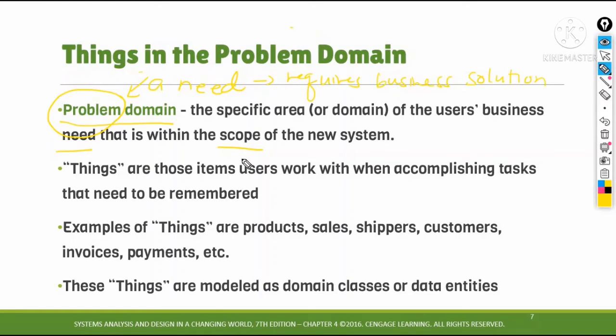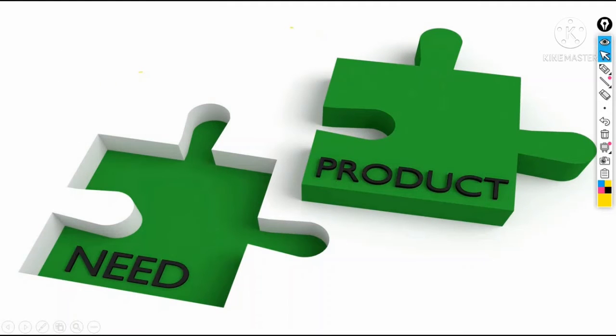So, system developers are developing a solution for a business need or business problem. So the term problem domain is the context and arena in which the business problem exists.